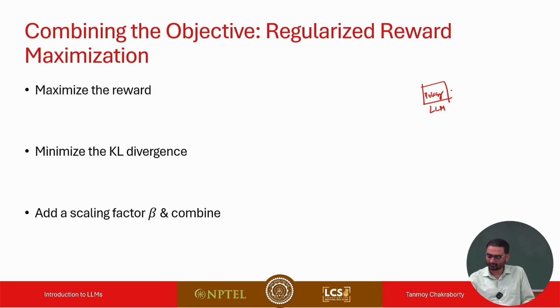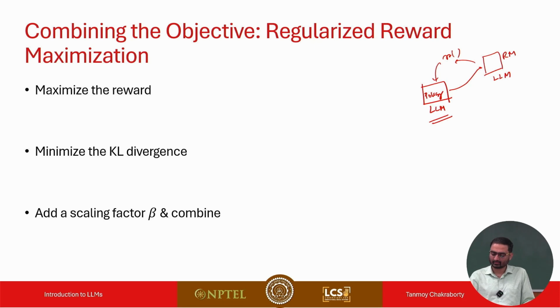This policy model will generate certain output. This output will be scored by a reward model. This reward model itself is another LLM, right? It will produce a reward, and based on this reward we will further refine this policy model.